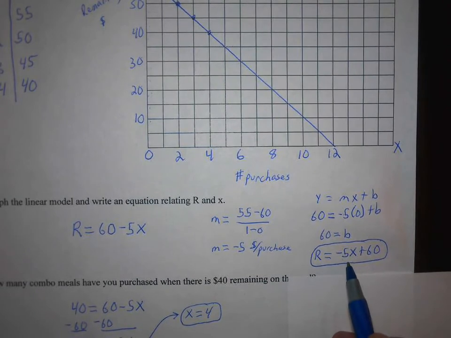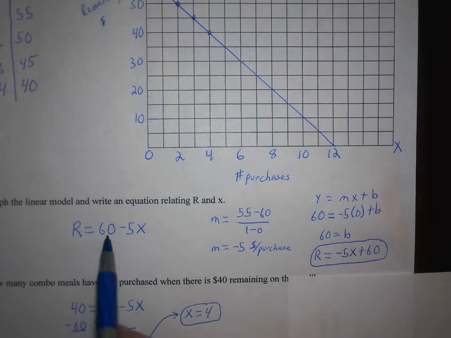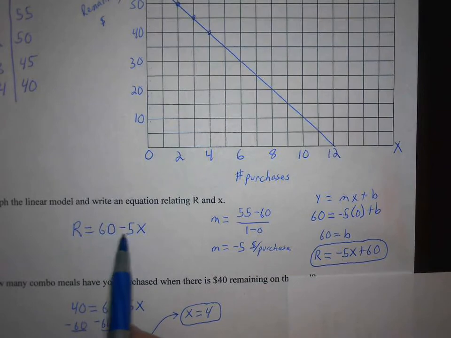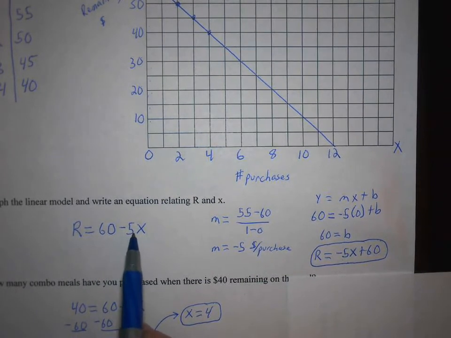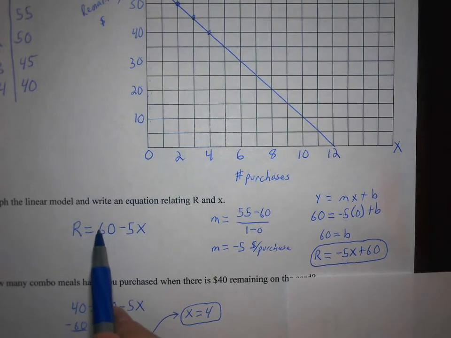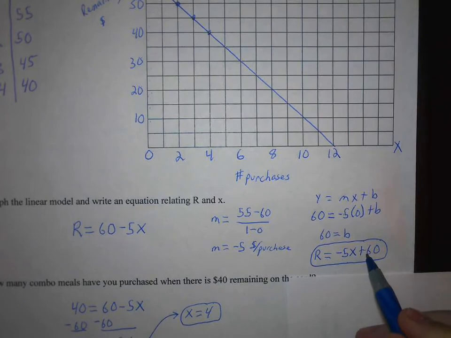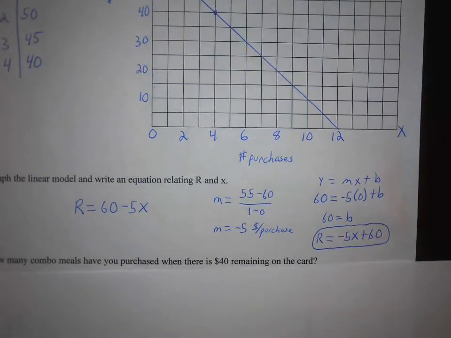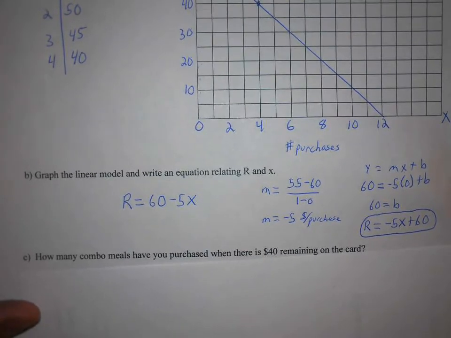Now notice that is the same equation as r equals 60 minus 5x. The terms here are just flip-flopped, but make sure if you do that, that the negative stays with the 5x and the positive 60 stays as plus 60. So you can write the equation just from the description of what's going on.